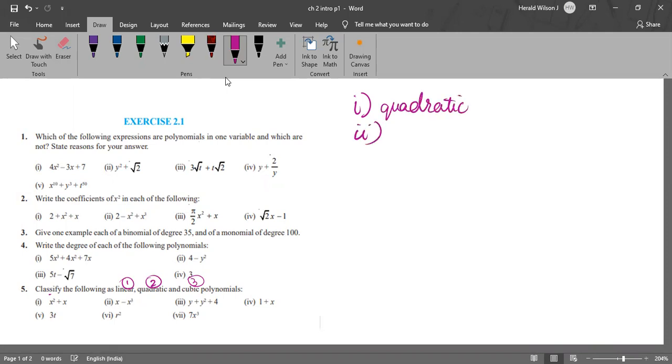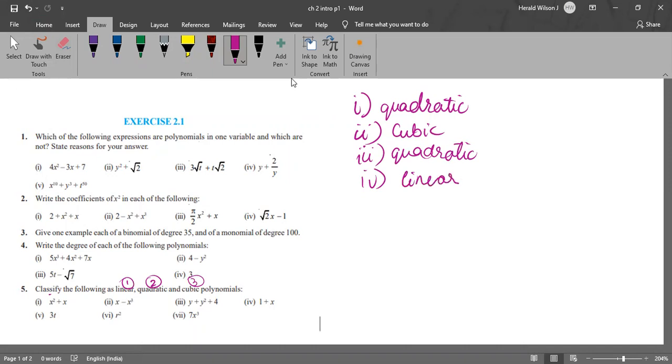Second one is cubic. Third one is quadratic, right? Fourth one is linear.